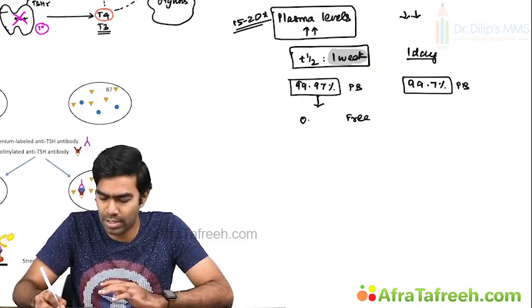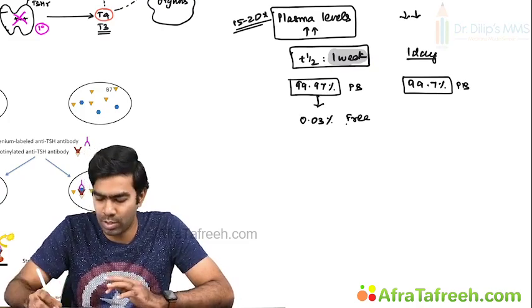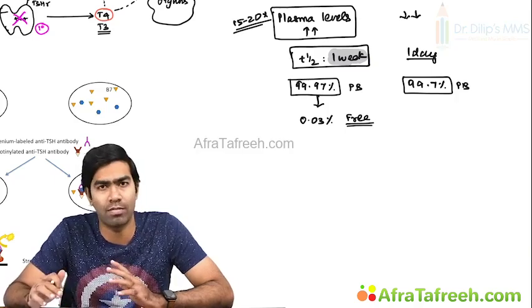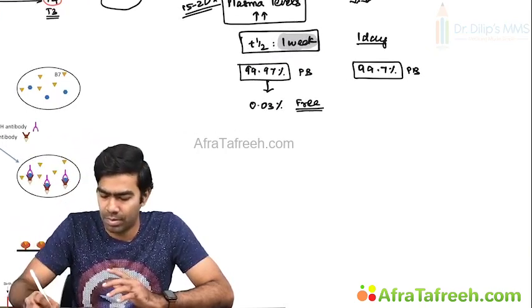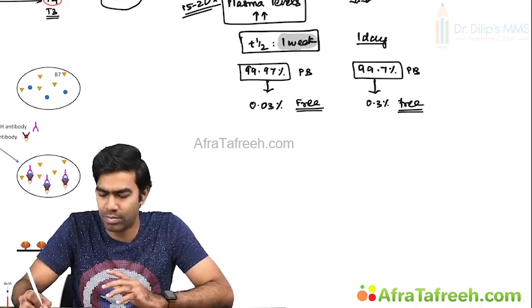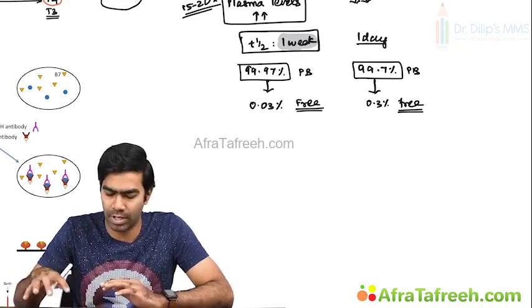So the 0.03%, some books tell 0.02, 0.03 or 0.02% of T4 is unbound form, which means majority of them are circulating in the bound forms only. Clear? Whereas T3, 0.3% is in the free form, and remaining everything is in the bound form only. Fine.